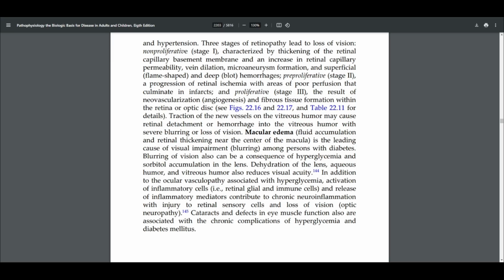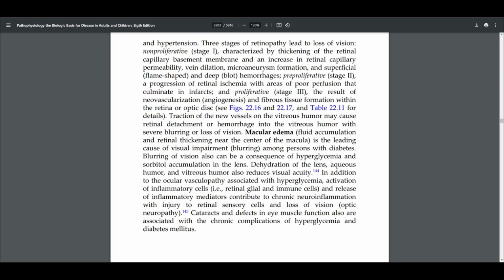Macular edema is the leading cause of visual impairment among persons with diabetes. Blurring of vision also can be a consequence of hyperglycemia and sorbitol accumulation in the lens. Dehydration of the lens, aqueous humor, and vitreous humor also reduces visual acuity.